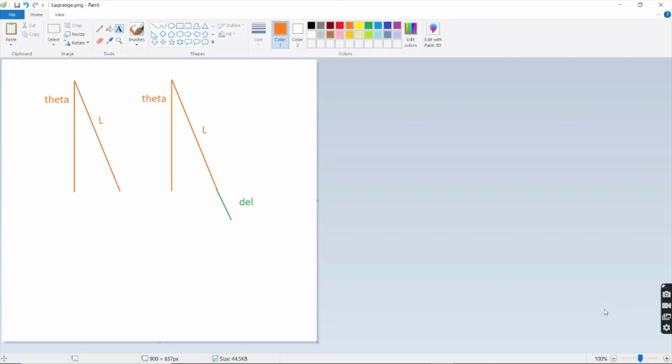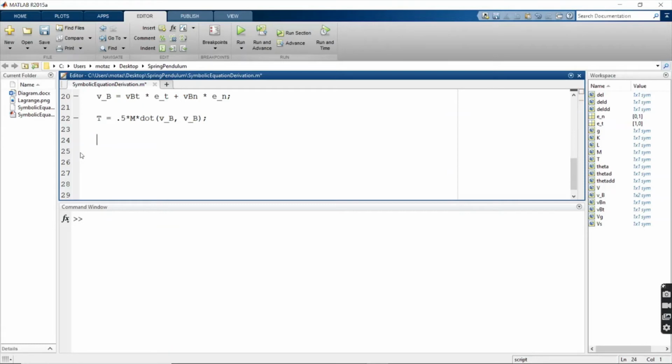So the difference, if we take the bottom of the pendulum in the resting position right here as your datum, you take L plus del times the cosine of theta, and you subtract that from just L. So that's the explanation.